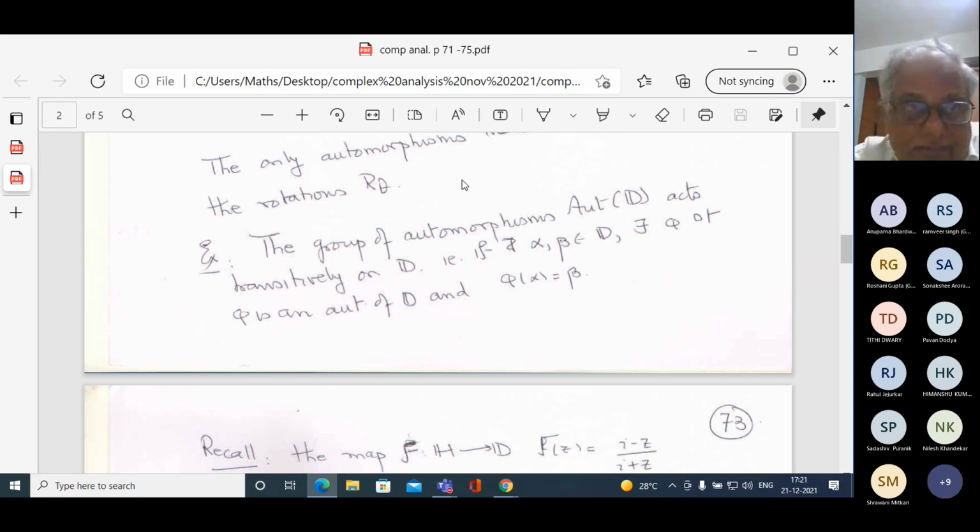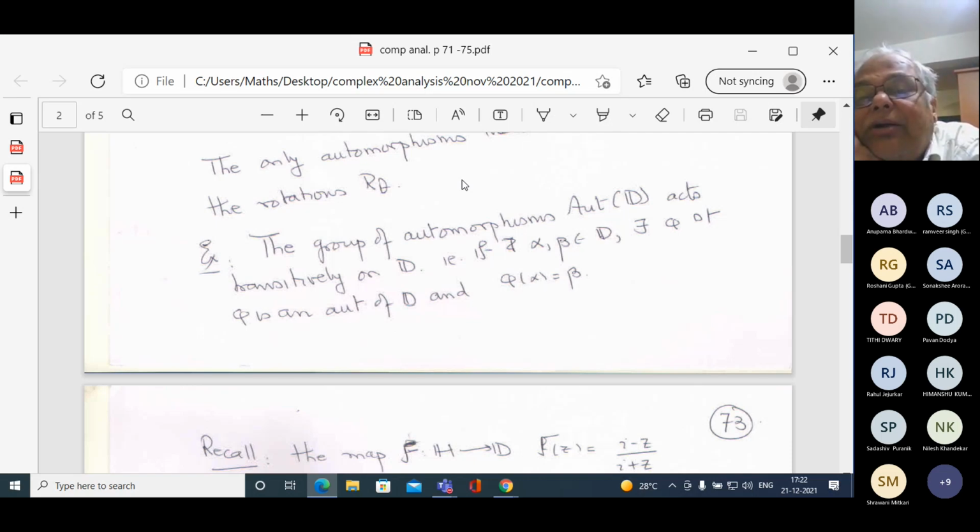Only here, the groups are infinite groups, and the sets on which they are acting are infinite sets. So the first exercise is that the group of automorphisms acts transitively. What is the meaning of acts transitively on that set? That means given any two elements in that set, you can find an element in the group which takes this point to that point.